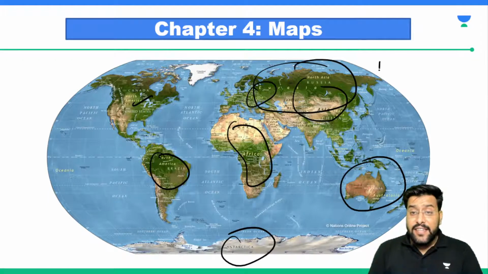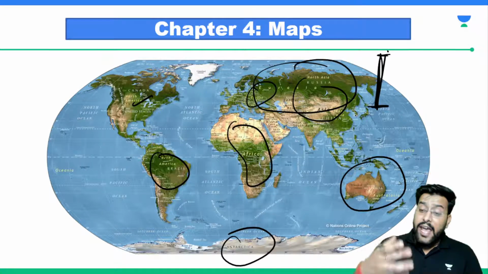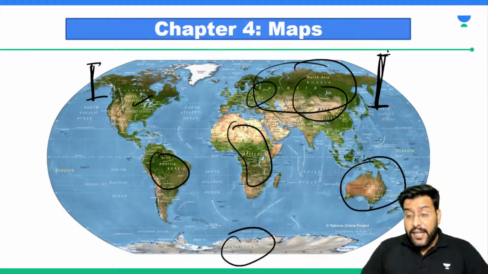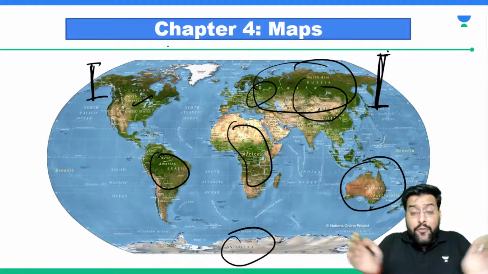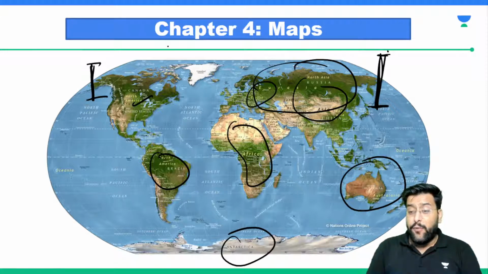The map tells us that in this corner we have the limit or extent of Asia, and at this point we have the extent of North America. But in actuality, they are very close to each other just because the earth is round, a spherical shape. Are we following it?